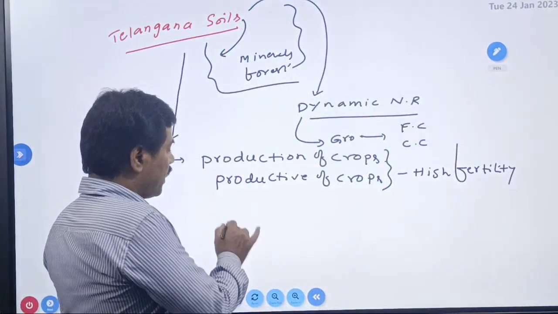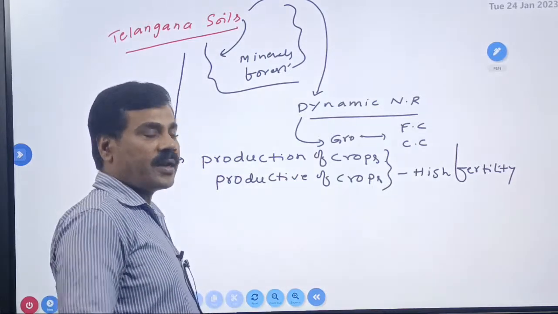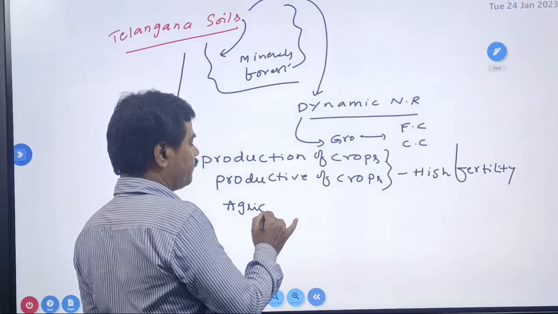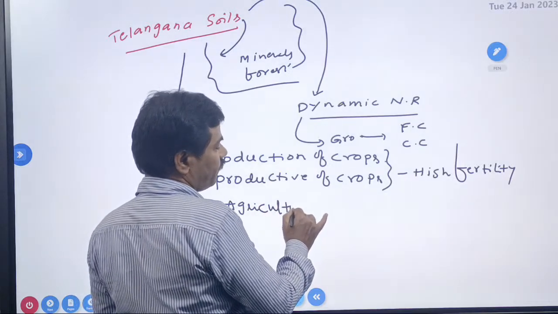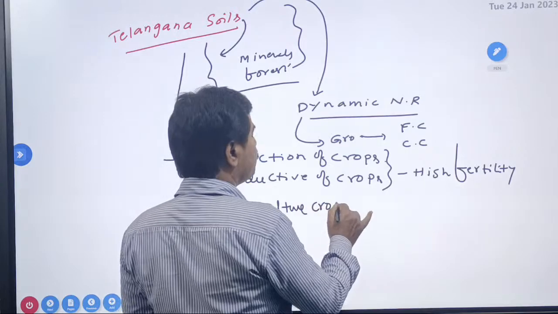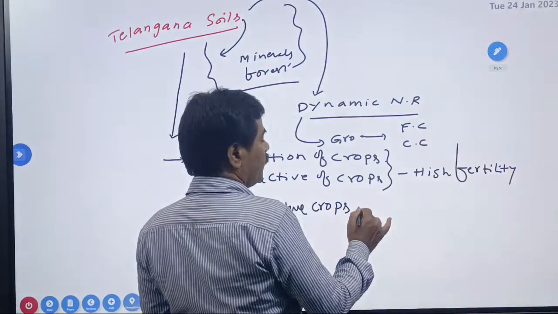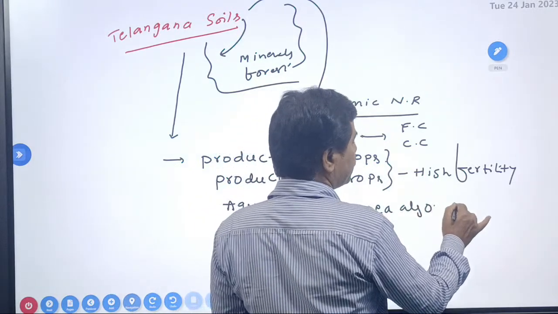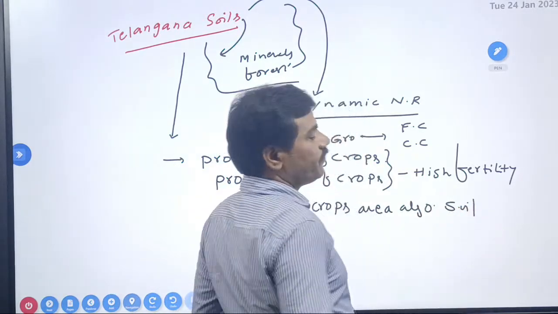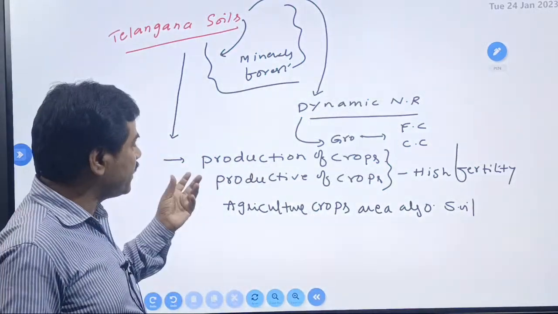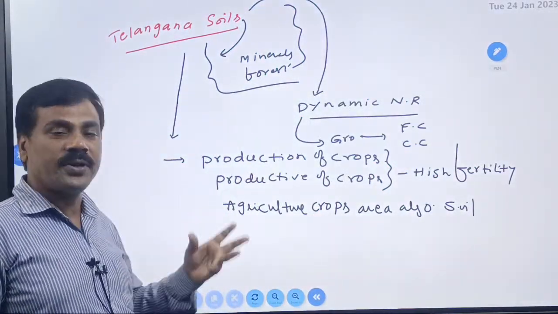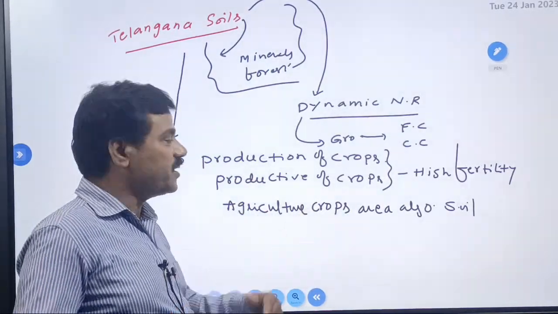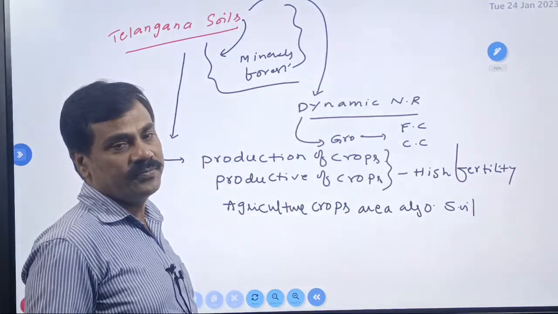Agricultural crop area also depends on soil fertility. Soil fertility decides crop cultivation productivity. The expansion of agricultural crop area also depends on the soil.